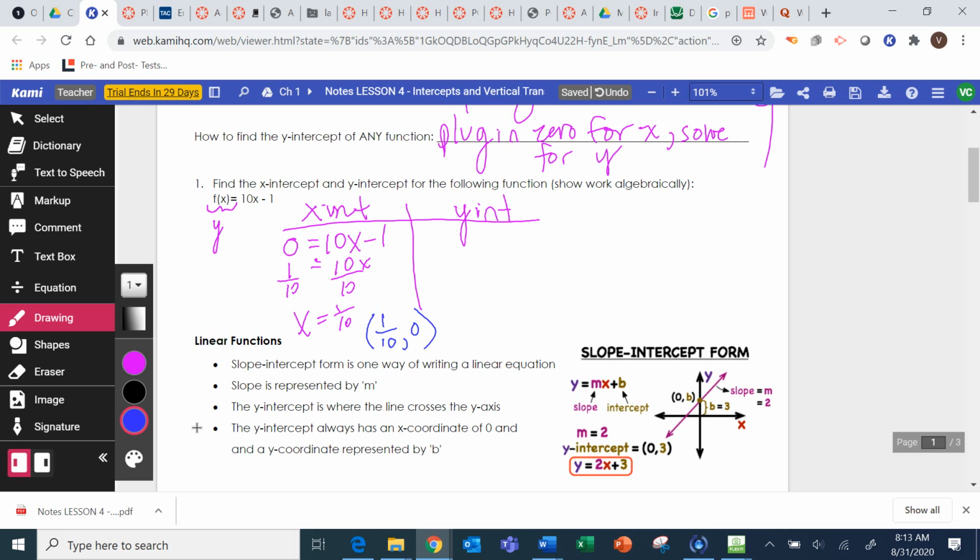I'm not giving you only one shot on those assignments. You could accidentally have some syntax errors and miss a bunch of questions, or put it as just 1/10, you're going to get it wrong. It has to be 1/10 comma 0.